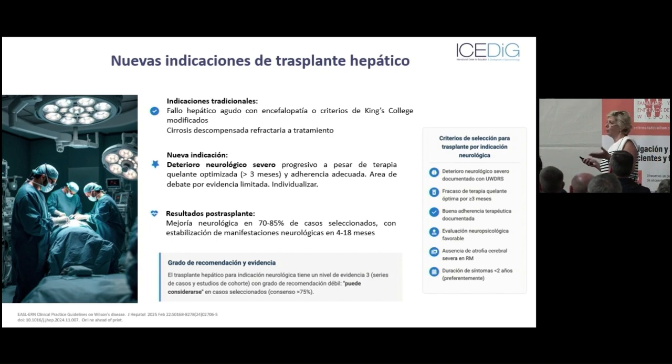The evidence is limited, that's why it needs to be individualized, but the results are there. The neurological improvement happens in 70 to 85% of selected cases, with the stabilization of neurological manifestations within 1 to 1.5 years.